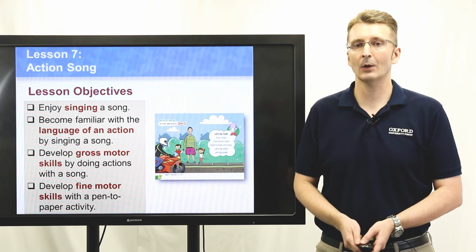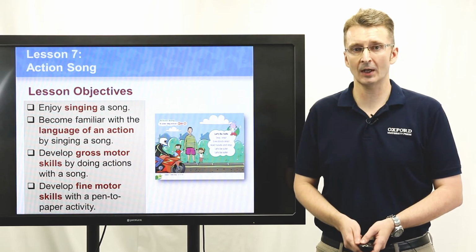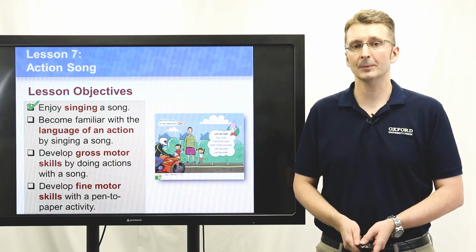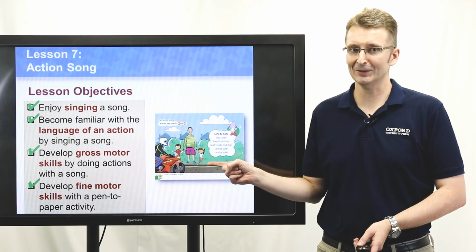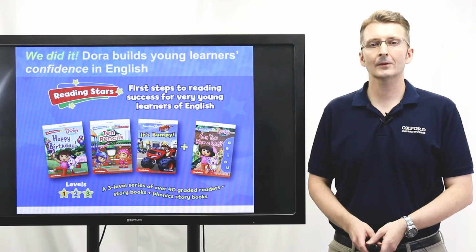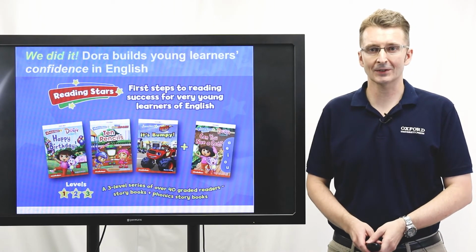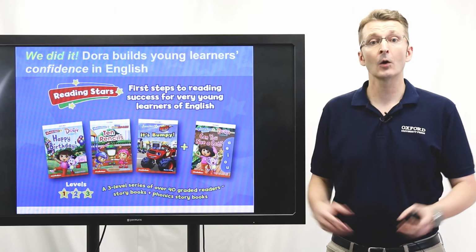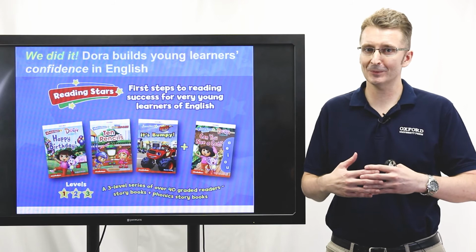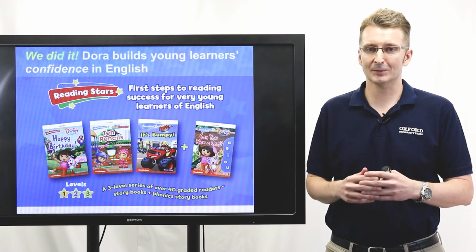And looking back at our lesson objectives from the Teacher's Guide lesson notes, we helped our students to achieve these learning aims. Well done. In the videos for lessons 5 and 6, I introduced you to the Reading Stars graded reading series, which aligns with the levels of the main course book, Learn English with Dora the Explorer.